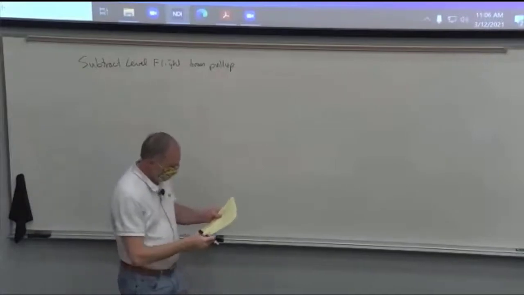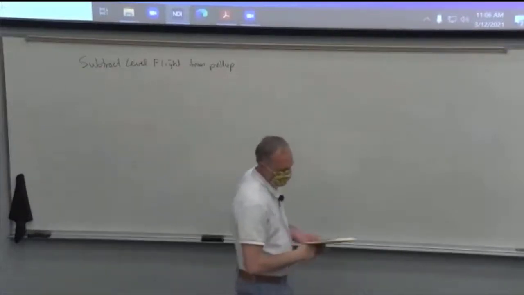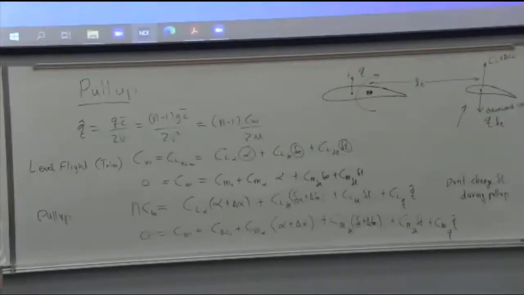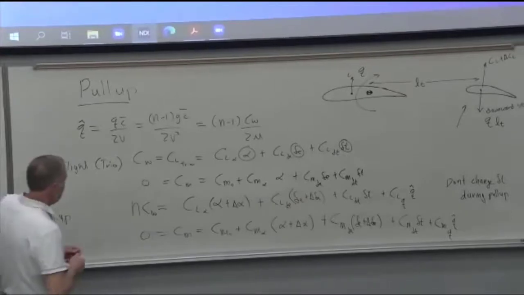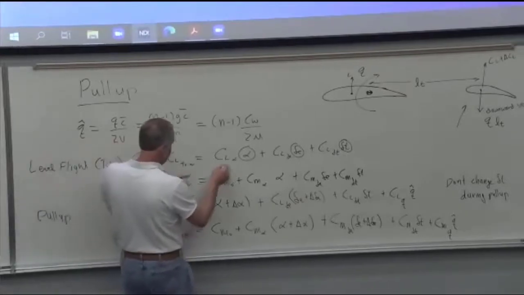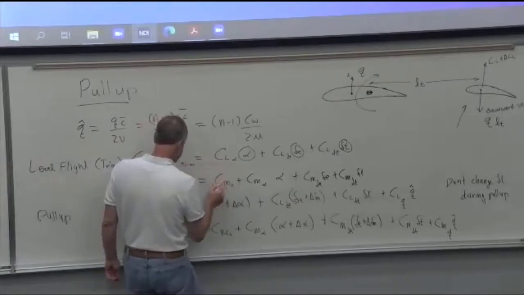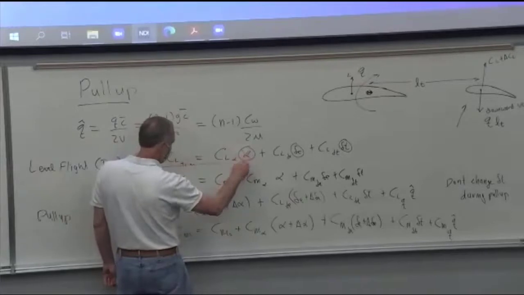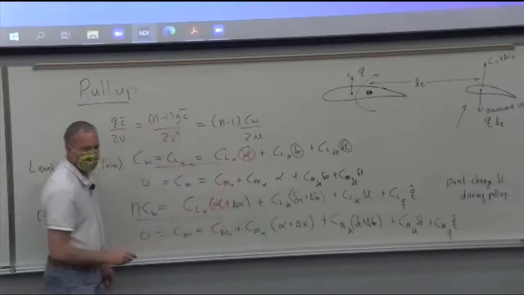So if we subtract, let's switch back over to the other board real quick. What are we going to get? We're subtracting the top lift equation from this one. You can see that this term is going to cancel that term out, right?